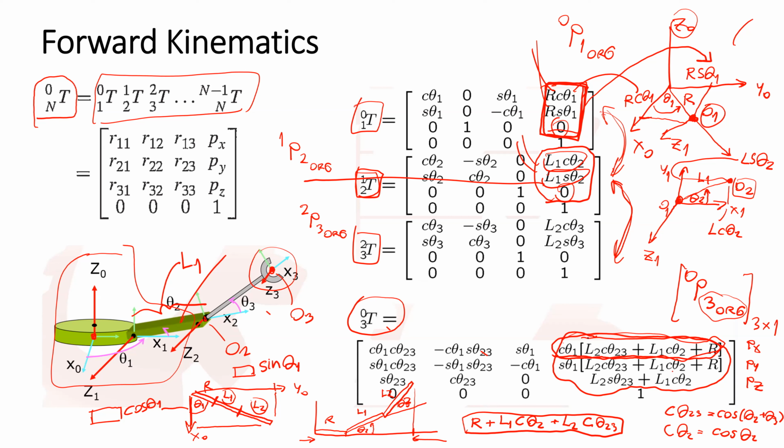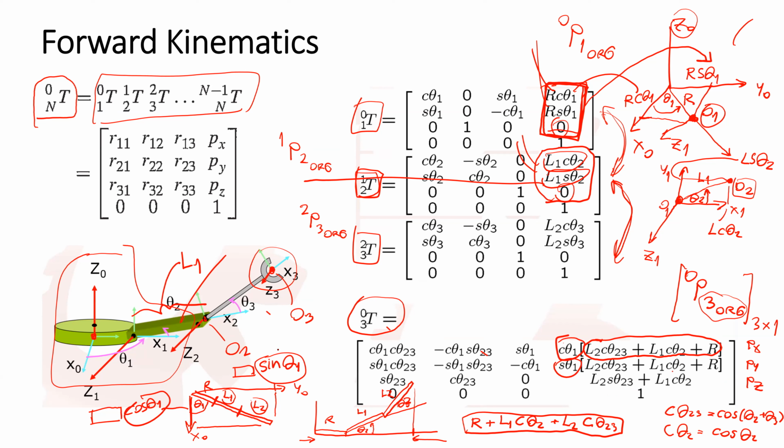So it's here, the projection length is in the bracket, and multiplied by the cosine component for the x position, multiplied by the sine component for the y position.